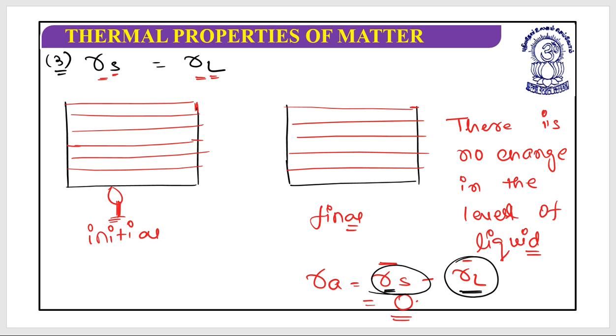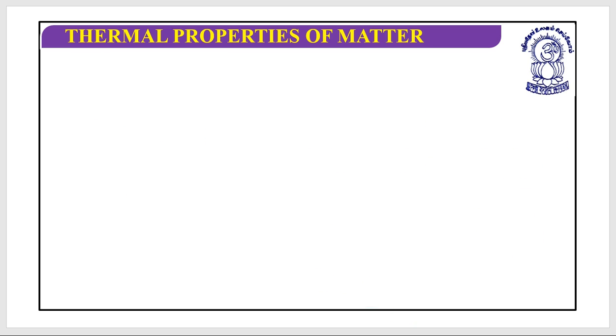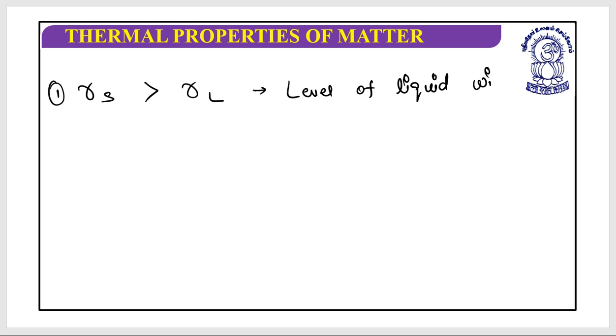So let's just summarize these three situations. In the first case, if gamma of solid is greater than gamma of liquid, then the level of liquid will fall.